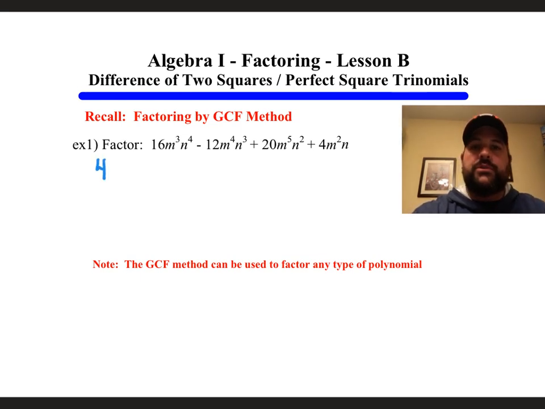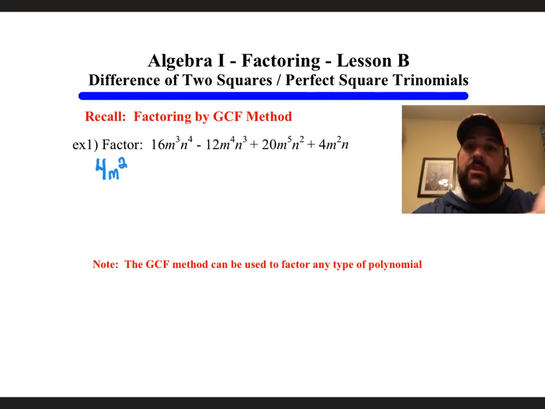For the variables, remember our shortcut for the variable GCF is we want to use the smallest exponent on any like base. So if I look at the m's, we have m to the third, m to the fourth, m to the fifth, and m squared, which means our smallest exponent on the m should be the m squared.